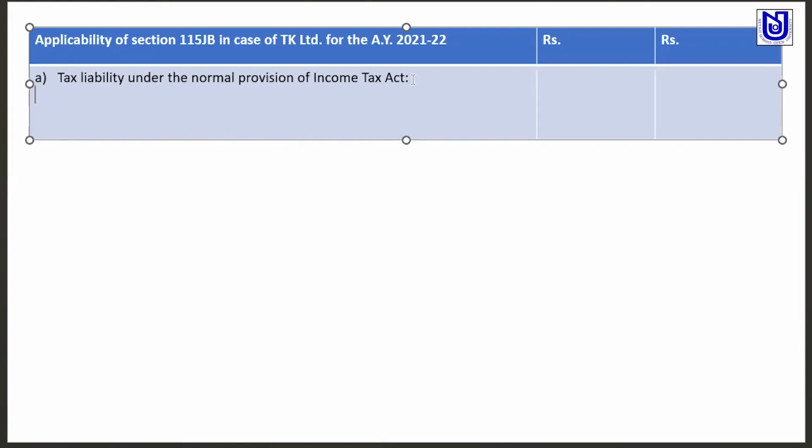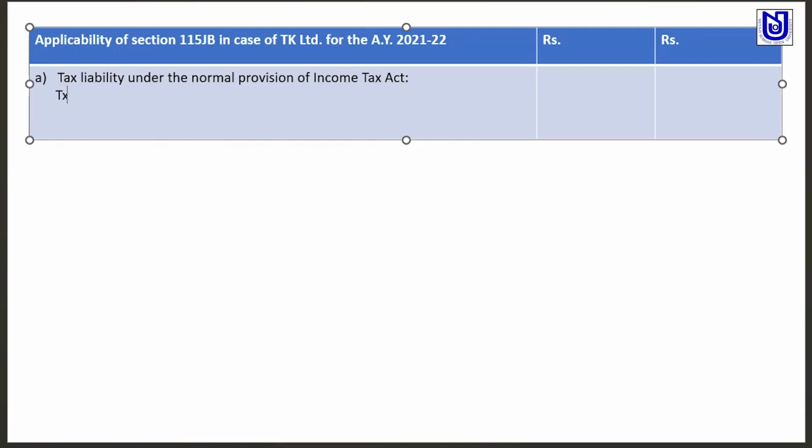You know that the net profit of the company as shown in the P&L account is given in the problem. You are required to examine the applicability of section 115JB under the Income Tax Act, assuming that the total income computed under the normal provision of income tax is 16,25,000 for the said previous year.